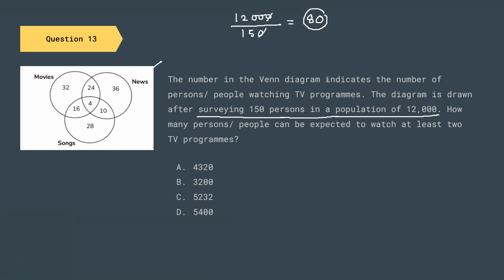Now that we are done with this, let us look into the question. How many people can be expected to watch at least two TV programs?